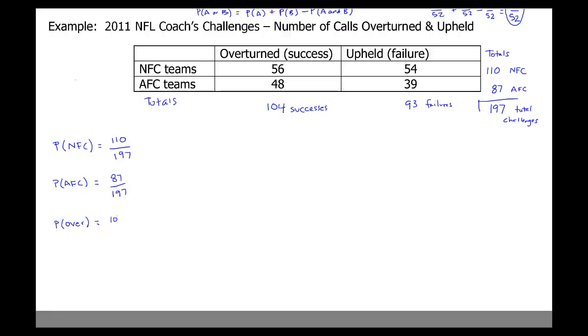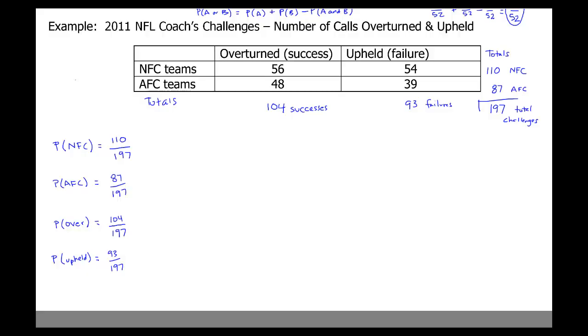We had 104 of those out of a total of 197, and the probability of a call upheld is 93 out of 197. Okay, so again, those are just simple ones using the totals that we just added up.